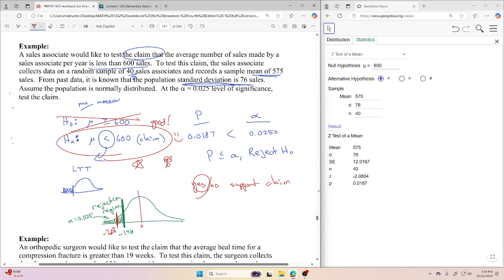I'm trying to think of something like the Badlands. It's all drought and the trees are all dead, and nobody wants to go there. But I fell into that zone somehow. And so that's when you reject H naught, because we're in the rejection region. There's a rejection region, but my result was somewhere over here.